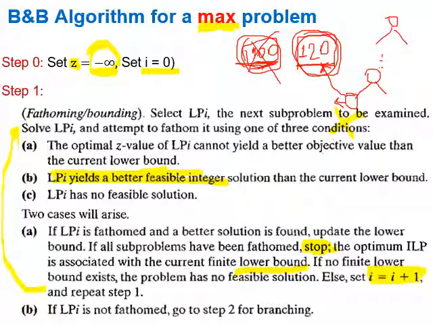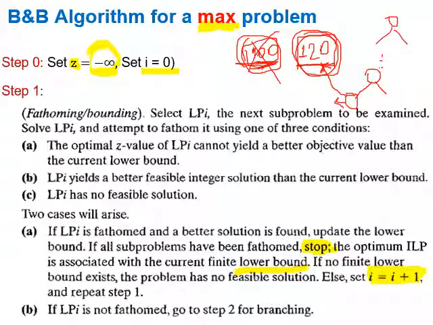Otherwise, at the end of step 1, what can also happen? We cannot fathom this node due to one of these reasons. It means that we need to continue on branching. So it says go to step 2 for branching.